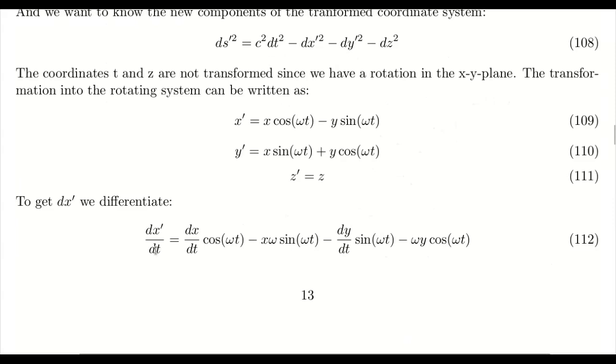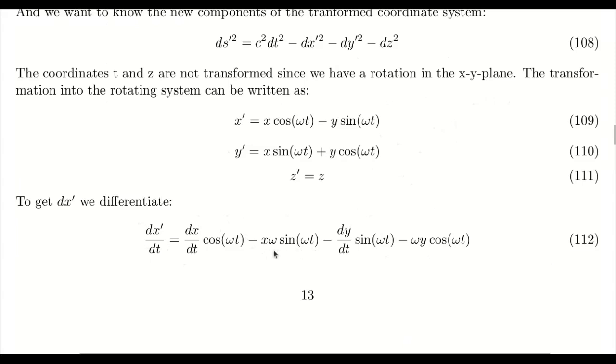Okay, and now we need for the line element above the squares of the differentials in x and y. So we differentiate dx primed with respect to the time t. Here we have a product of two functions, so we get two addends in the differentiated formula. Now, we have differentiated x, that's here, and the cosine function remains as a constant, we could say.